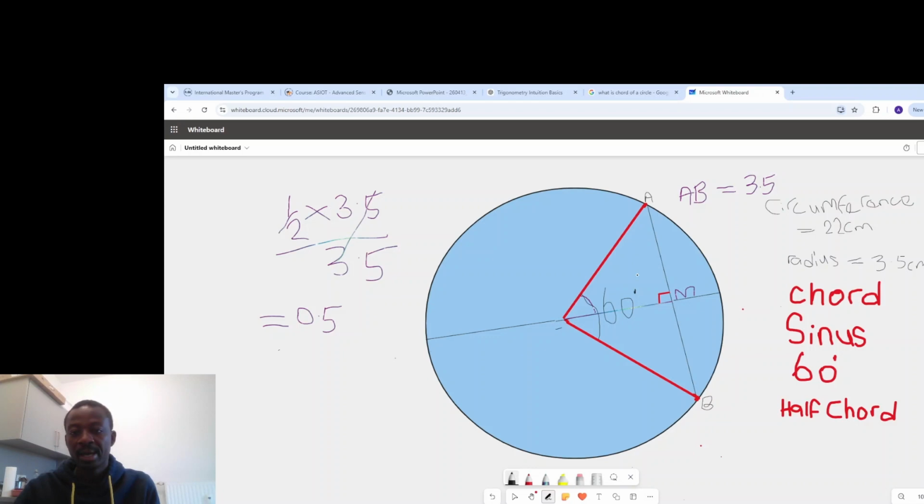It tells you the up and down movement or position of the object. Now in our case, let's see how, with this 0.5, we get the angle.